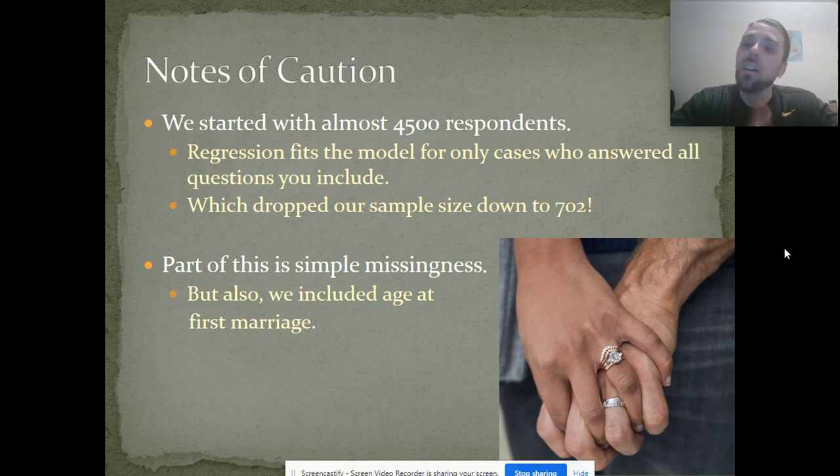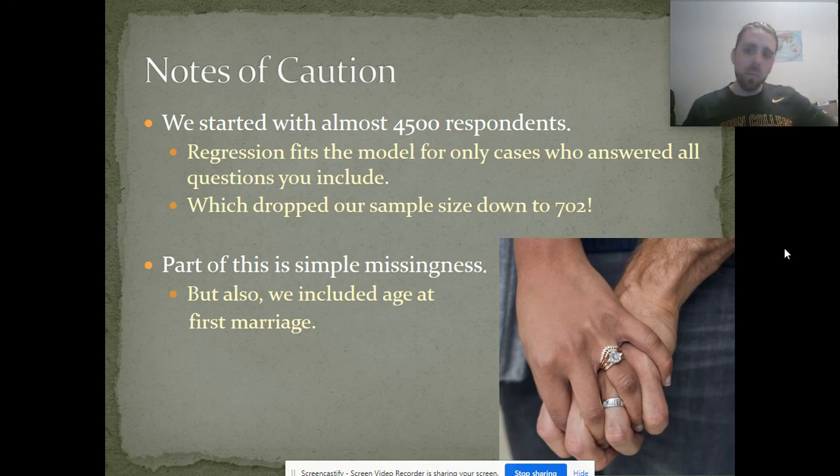Put another way, we are predicting number of children you have for only people who have been married. And that's 702 people in our data set. Keep that in mind. That's a condition.